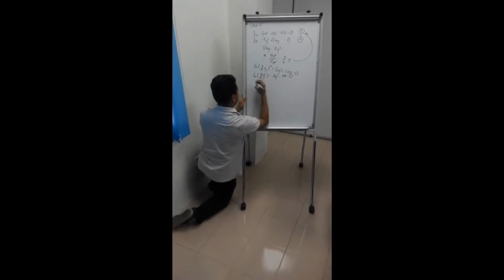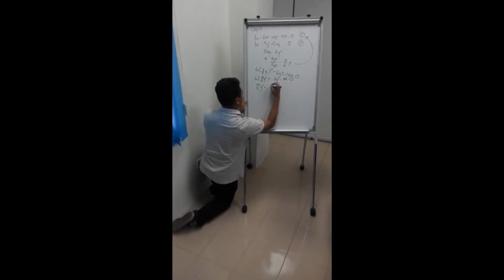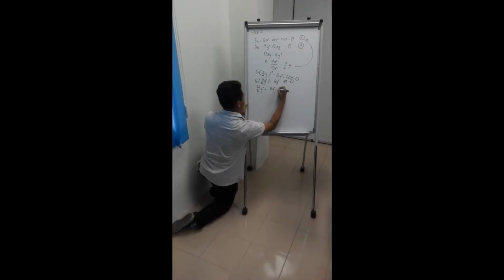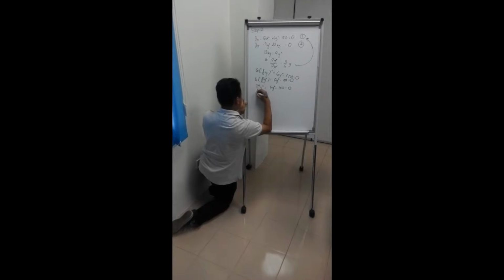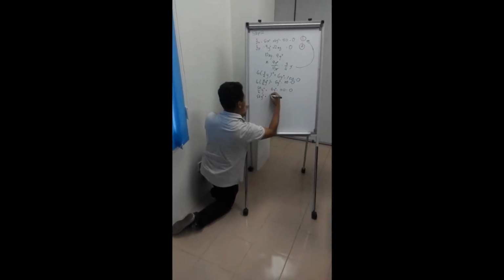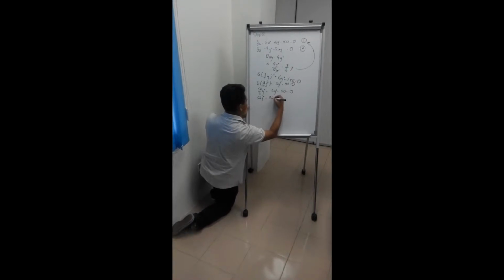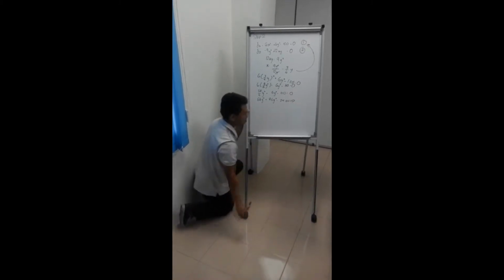Multiplying through by 16, we obtain 9y squared plus 96y squared minus 2400 is equal to 0.